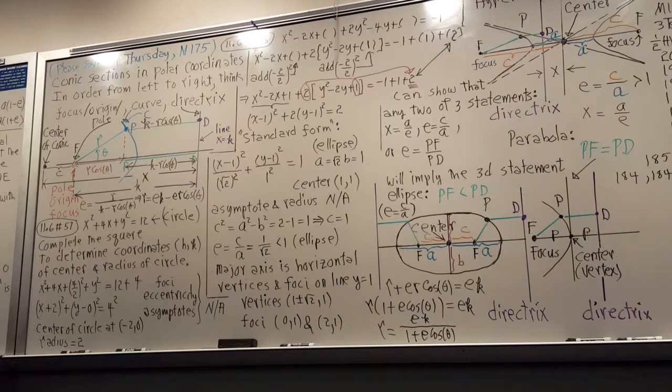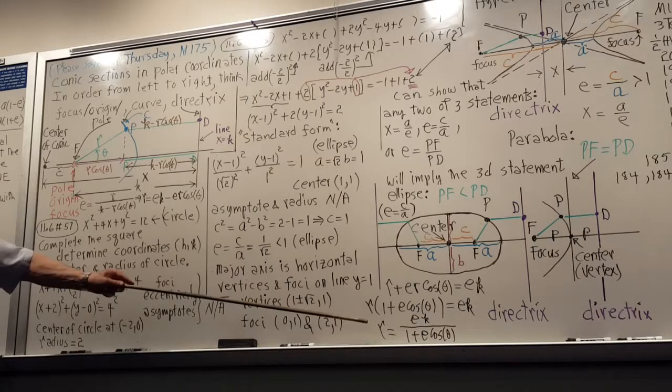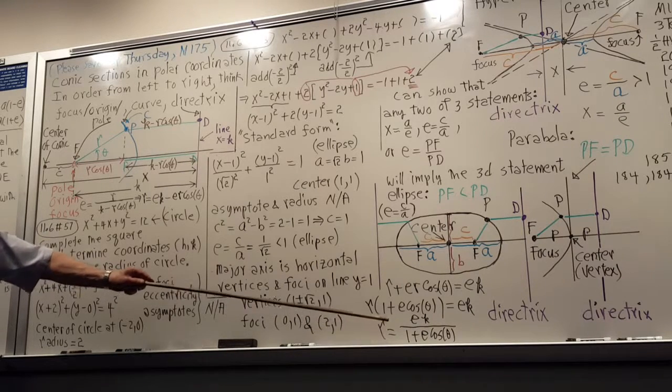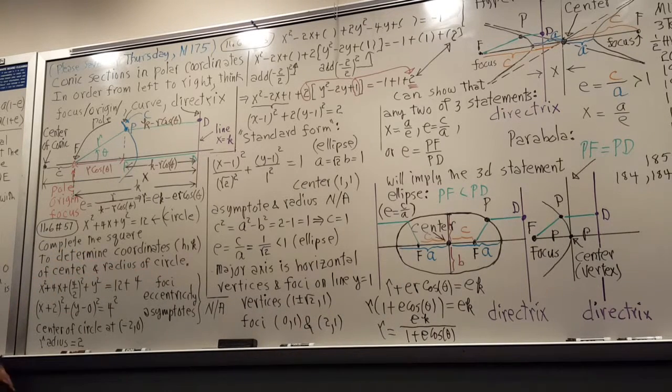And we spent quite a bit of time looking at Maple yesterday, seeing that something like this will graph to be an ellipse or a parabola for all of the problems that were in section 11.7.